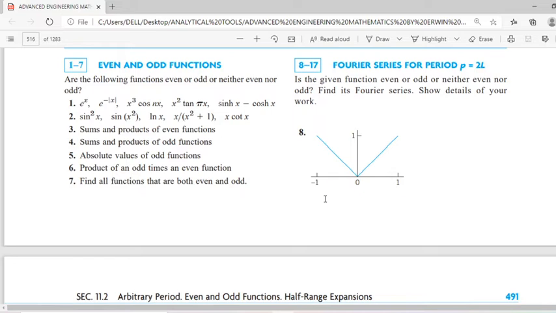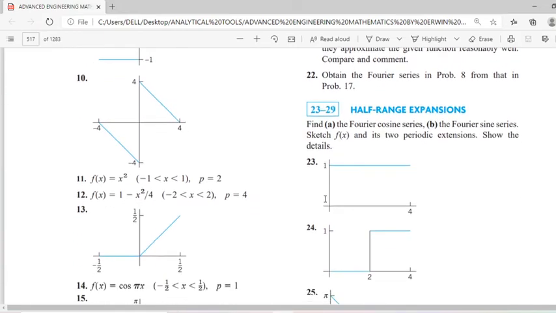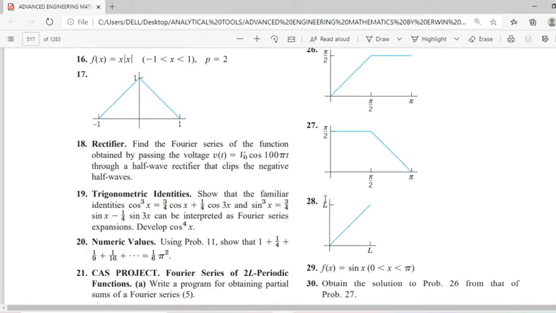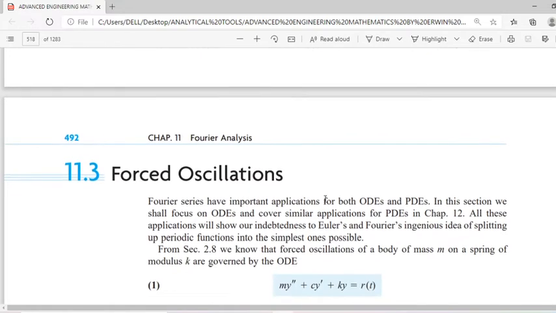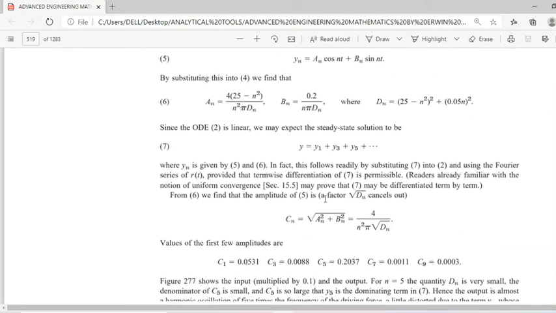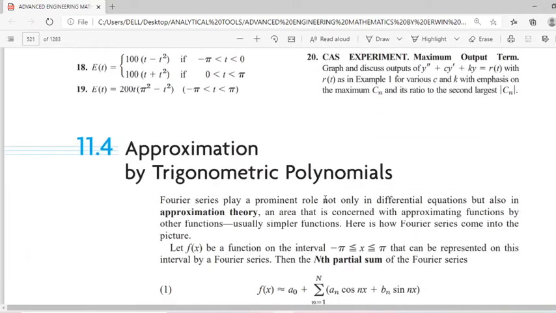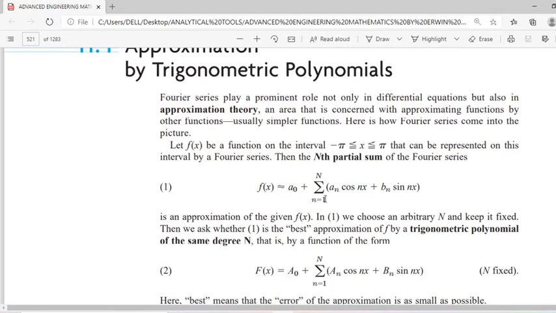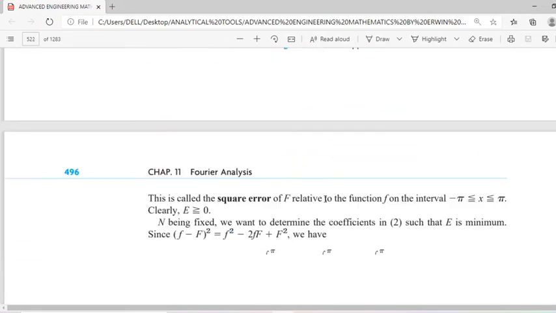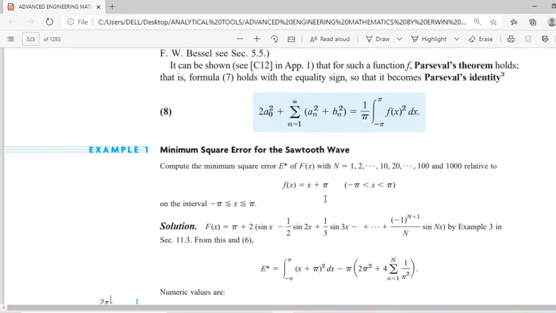You can go through those problems also. We need not consider this section because it is not in your syllabus.